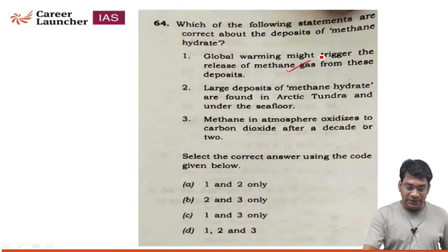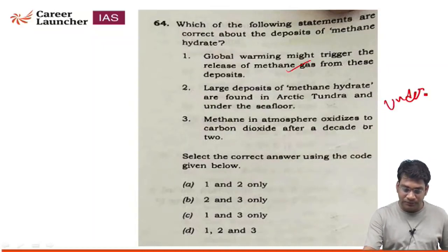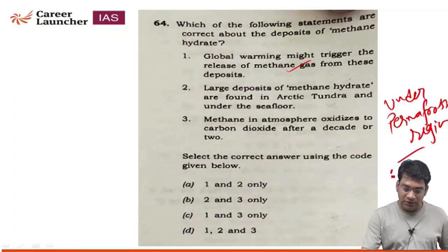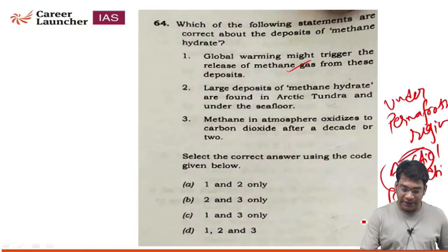So regarding global warming, there are two areas where methane hydrate is trapped: one under permafrost regions like the Arctic regions and Antarctica, which is completely ice covered, and second under the ocean crust.